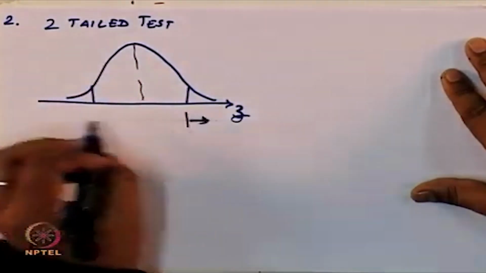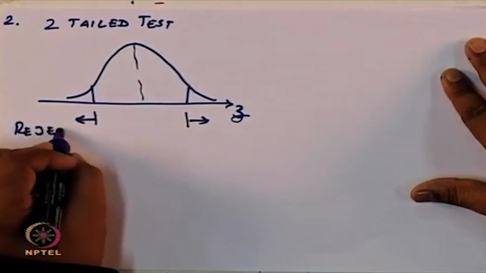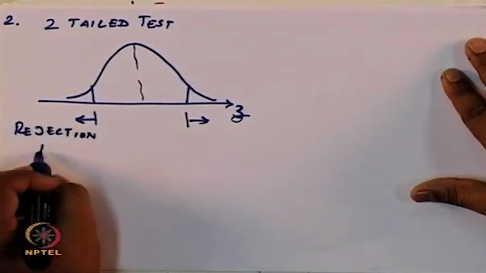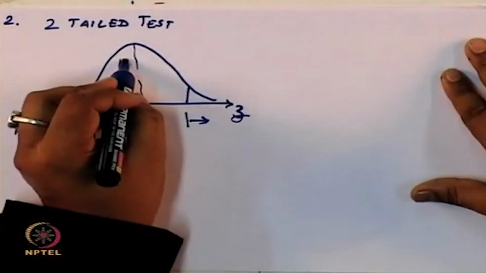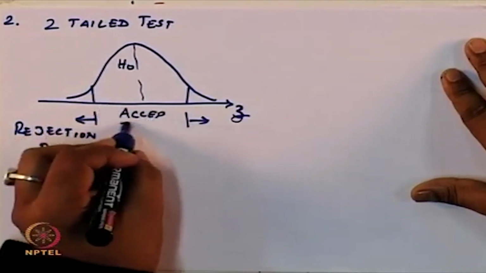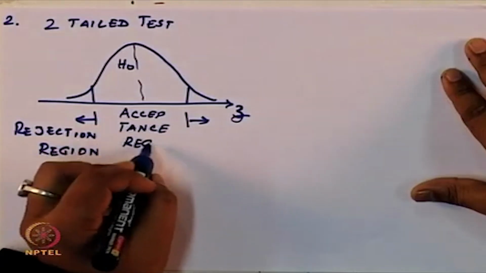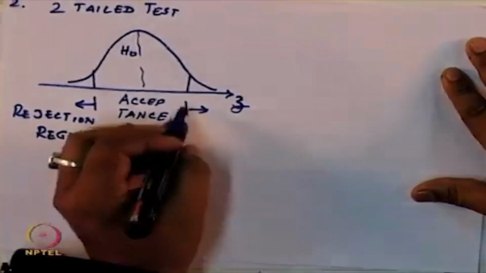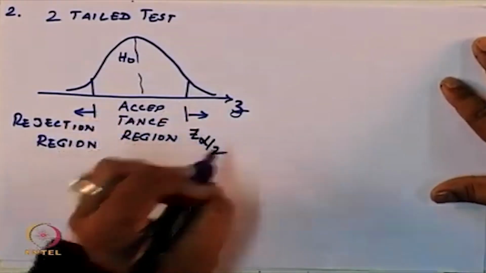So, this is the rejection region. And here H naught is true. So, this is the acceptance region. These values, or the critical values, are referred to as z of alpha by 2.